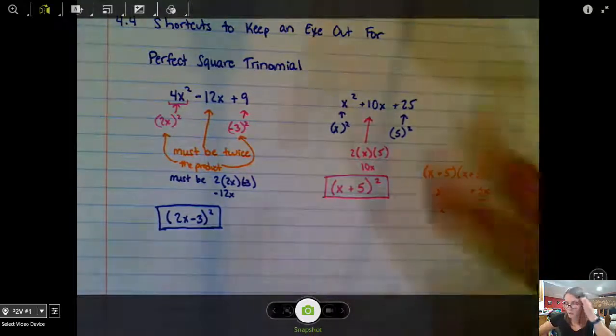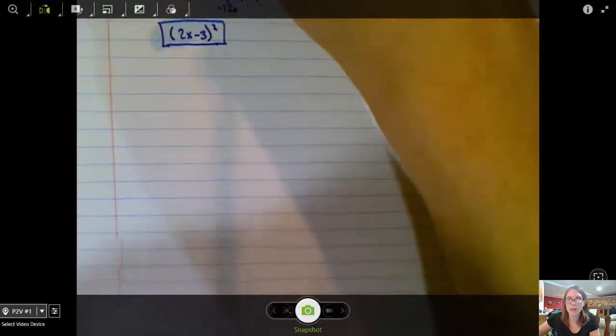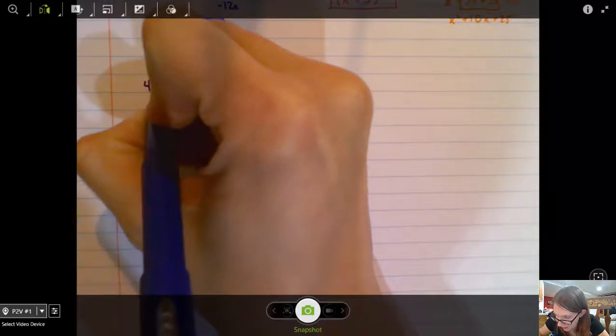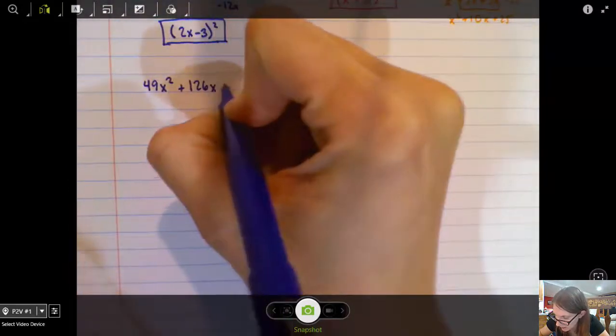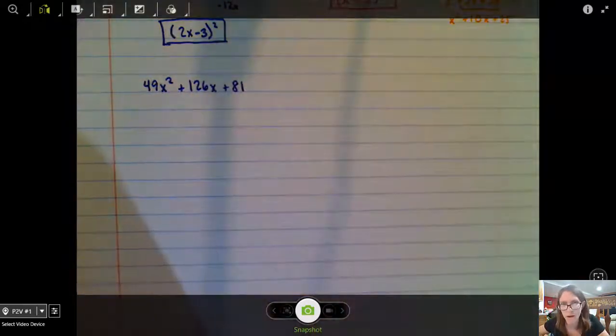All right, let's do one more example, and I'll give you a situation where this trick would be really, really helpful. If you had something like 49x squared plus 126x plus 81, first of all, I don't have a greatest common factor here.